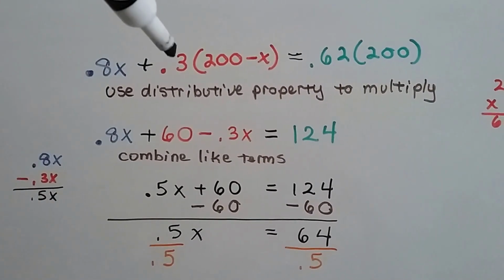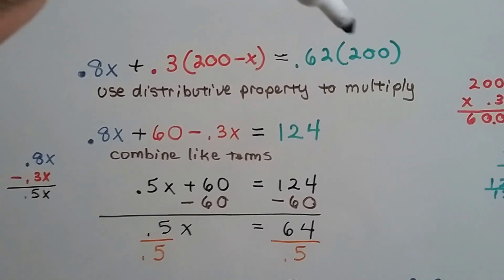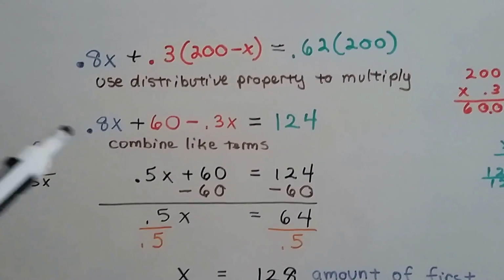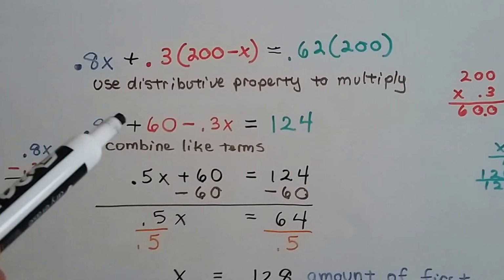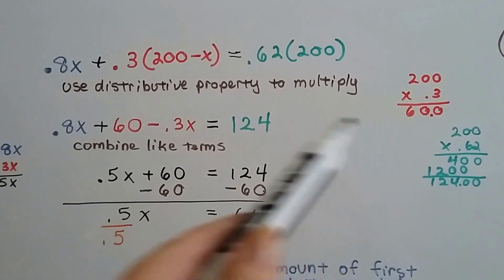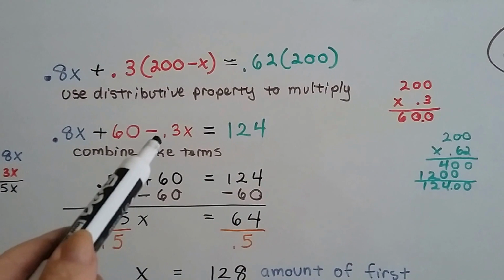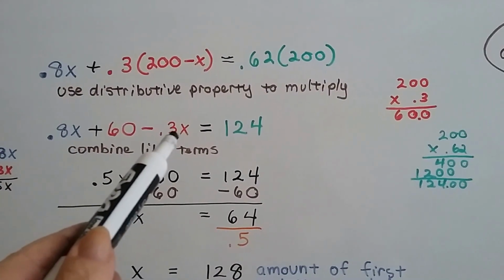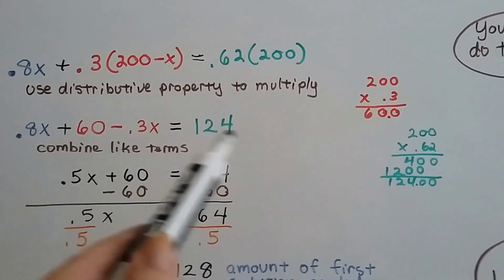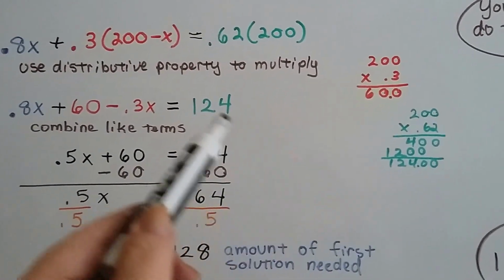We need to distribute this 0.3 to the 200 and to the negative x, and we need to distribute this 0.62 to that 200. So we've got 0.8x plus 0.3 times 200 is 60, and then 0.3 times negative x is negative 0.3x, and that's going to equal 124 because 0.62 times 200 is 124.